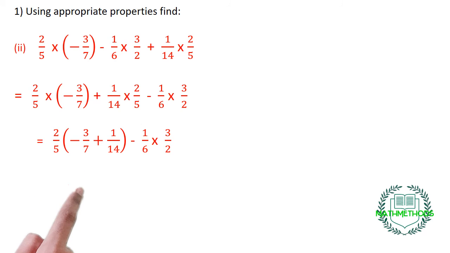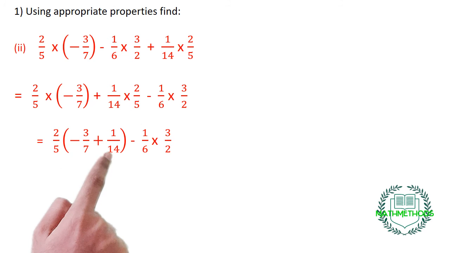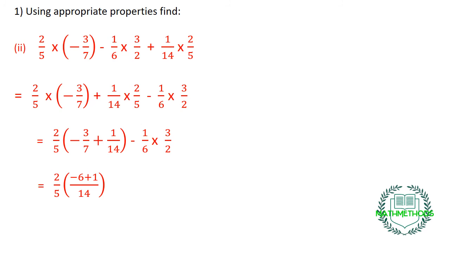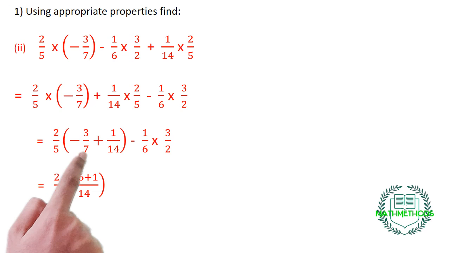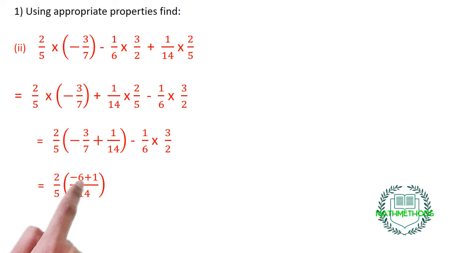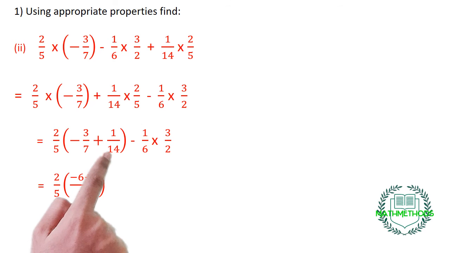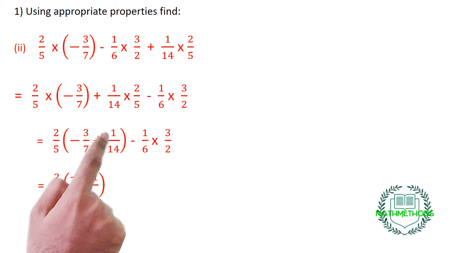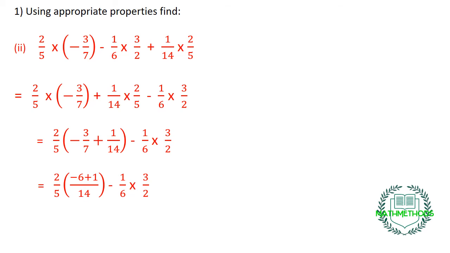Minus 3 upon 7 plus 1 upon 14. LCM of 7 and 14 is 14. So write the LCM 14 down here. Now 14 divided by 7 is 2 and 2 multiplied by minus 3 is minus 6. Again 14 divided by 14 is 1 and 1 multiplied by 1 is 1, minus 1 upon 6 multiplied by 3 upon 2.